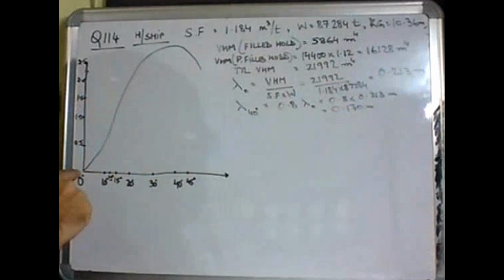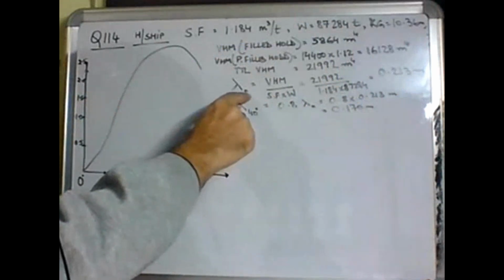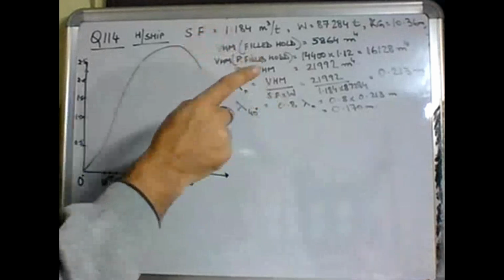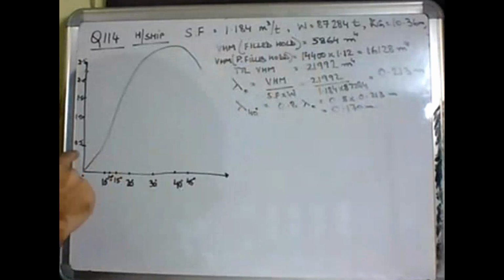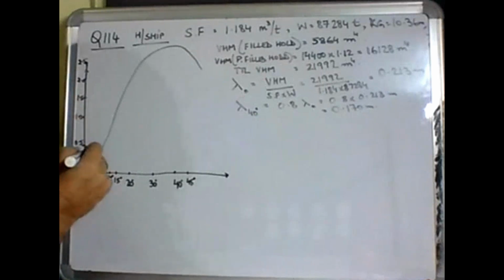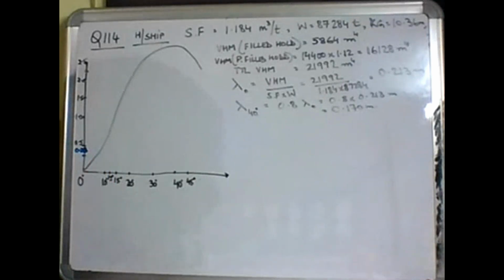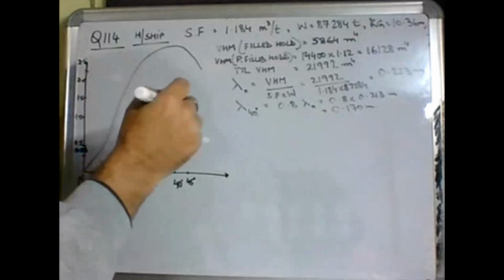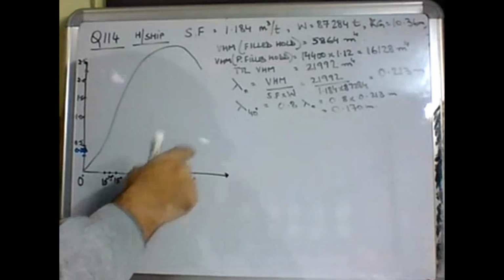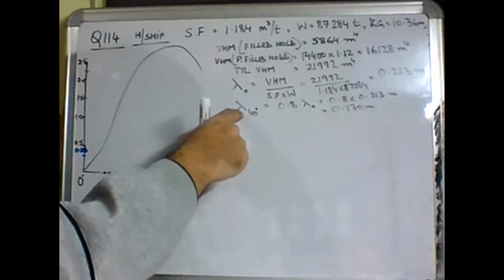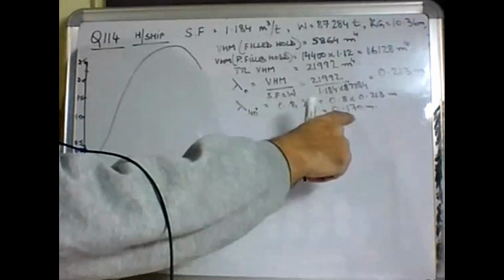What I mean is, at 0 degrees, the healing lever due to shift of grain will have a value of 0.213. That means on the y-axis, I go for a value of 0.213. This is the lambda zero value for me. Similarly, for 40 degrees angle of heel, my value of the healing lever will be 0.170.